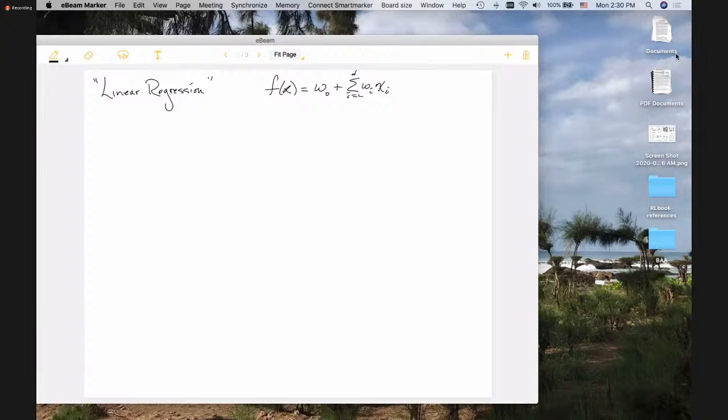Well, often what gets done here, and by the way, this is still classified as linear regression, is we introduce higher order terms.